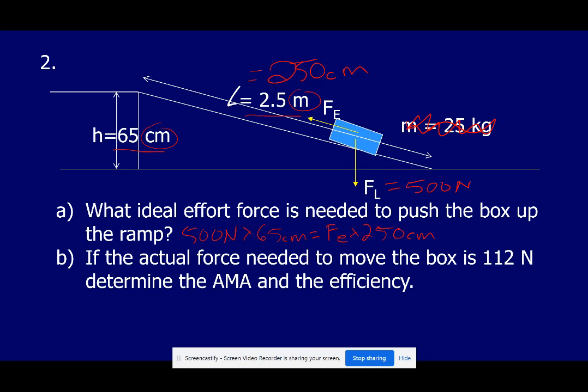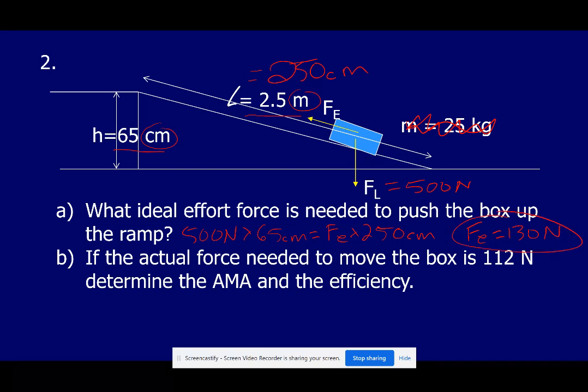The units just have to be the same. And I'm going to type in 500 times 65 divided by 250. Gives me 130 newtons. Effort force equals 130 newtons.